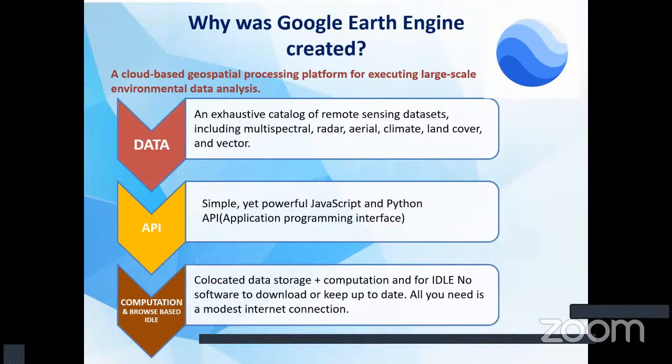Now if you want to work with Birbhum district and you are suffering from a lack of district data, you don't have the district boundary, you don't need to worry. If you are able to write code properly, Google Earth Engine will automatically develop the boundary of Birbhum, Darjeeling, and Bardhaman districts.